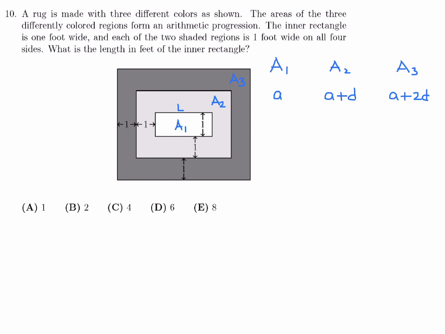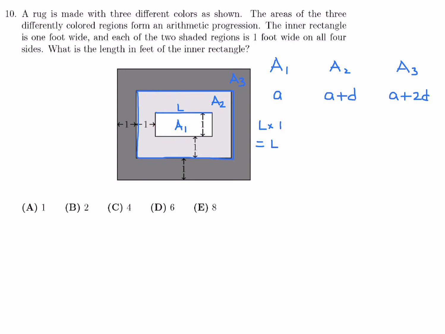All right, so let's figure this out. The first area is going to be just L times 1. So L times 1, which is of course just L. Okay, that's pretty straightforward. Second one though, you have to take into consideration that we only want that part, this part. So just make sure that you don't make that mistake.